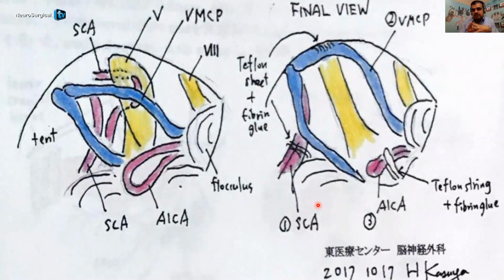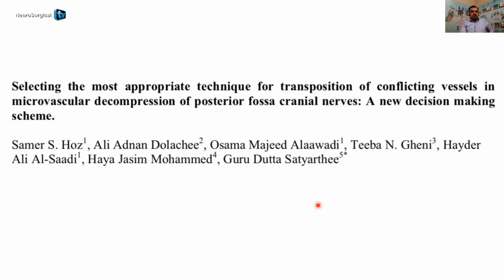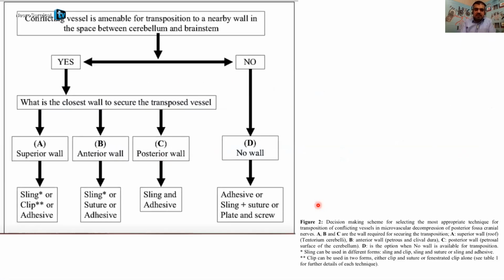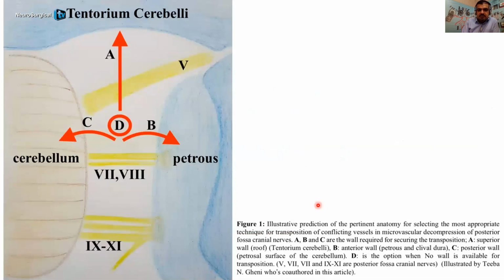You must study Rhoton in detail, and after that get close to the operation, get familiar with more operative videos so you can understand these types of complex anatomy. Actually, we have an article about this type of transposition for posterior fossa cranial nerves, and we suggest a scheme. And this is a demo also based on anatomy.